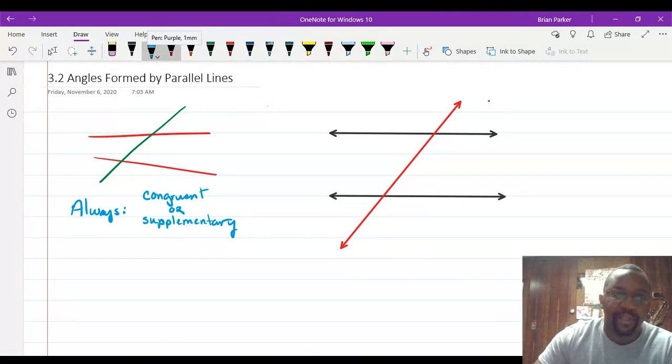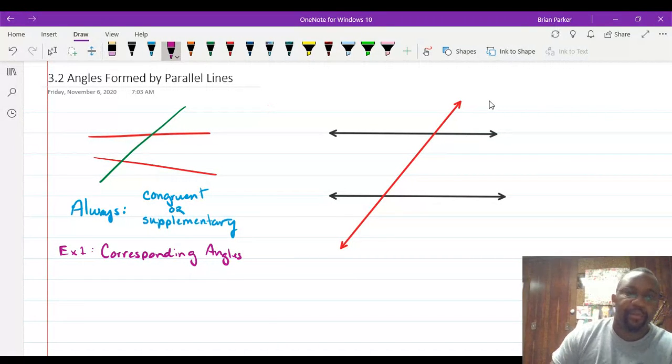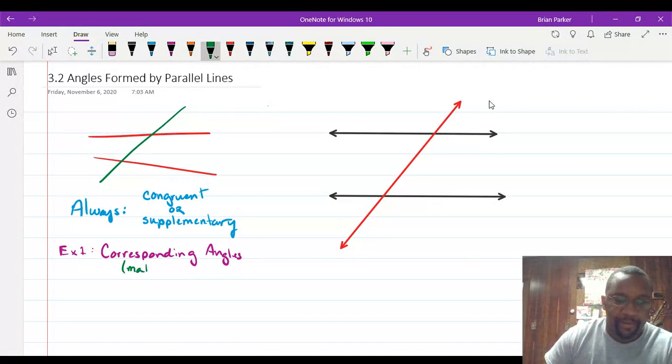In the case of corresponding angles, and this will be our example one, remember, corresponding angles are the ones that are matching in position.